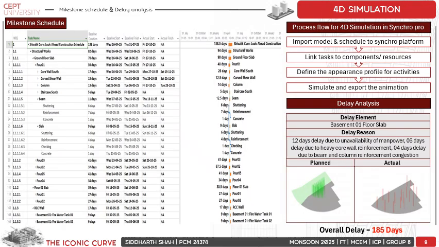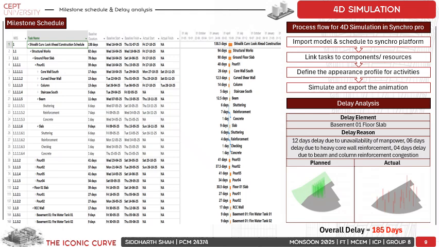So coming on to the 4D simulation, you can see the milestone schedule provided for the scope of work, which is the basement one and the ground floor. The total duration for these works will be 138 days.